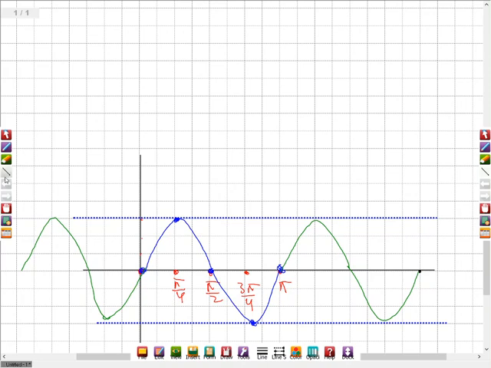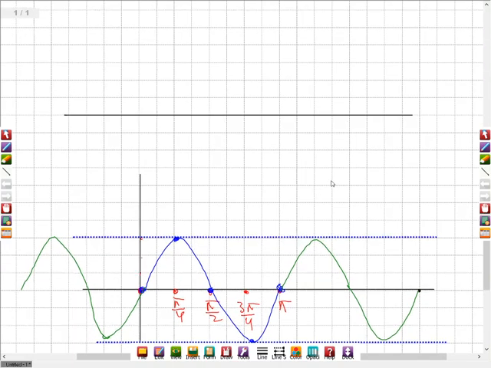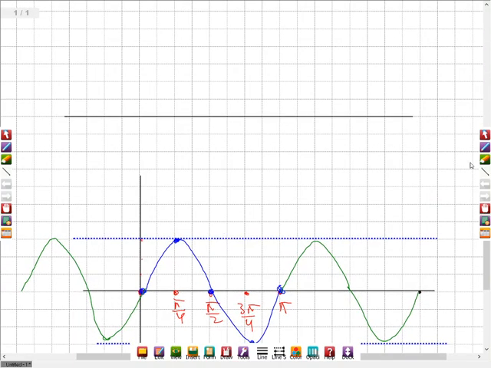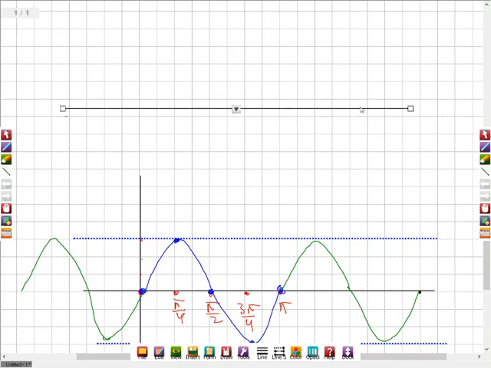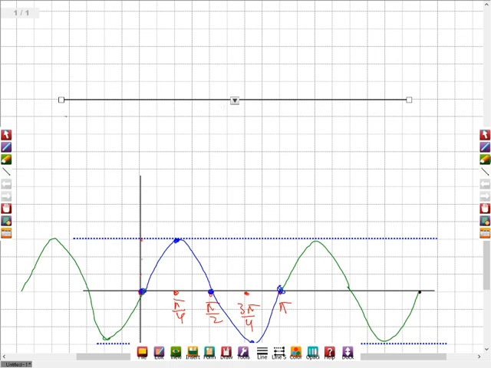Okay, I'm going to give a name for this guy here. After that, graph. Good enough. And one more here.